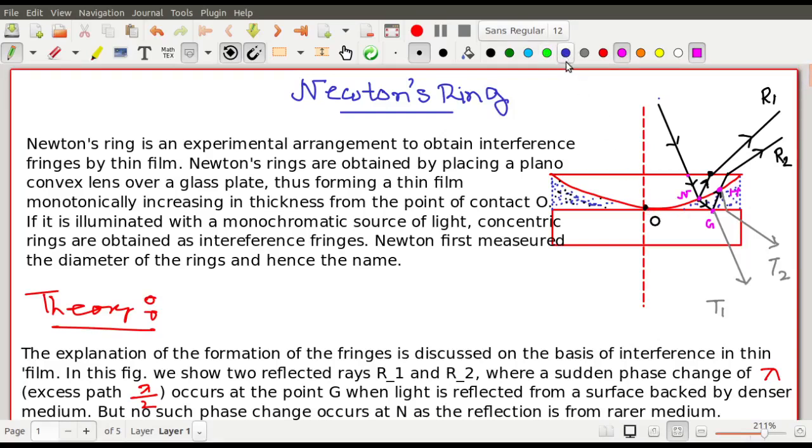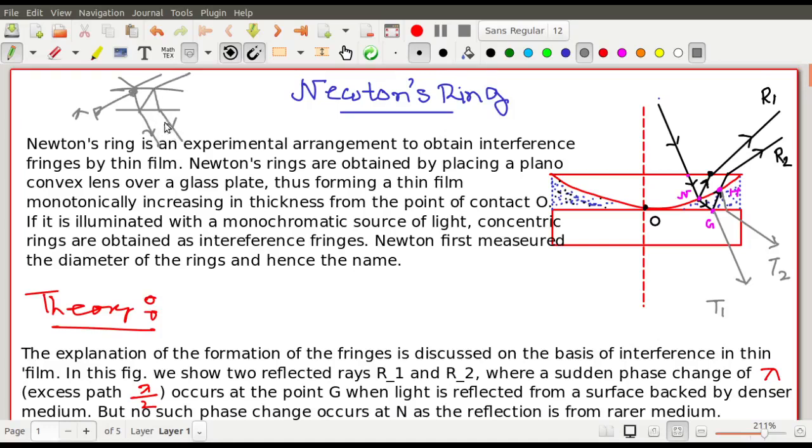Now this is again a situation which you did not find earlier. So previously in your transmitted system of this parallel film system, you see that the reflected ray suffered a phase change of pi at this particular point, and the transmitted ray did not suffer anything. The transmitted ray did not suffer anything at all.